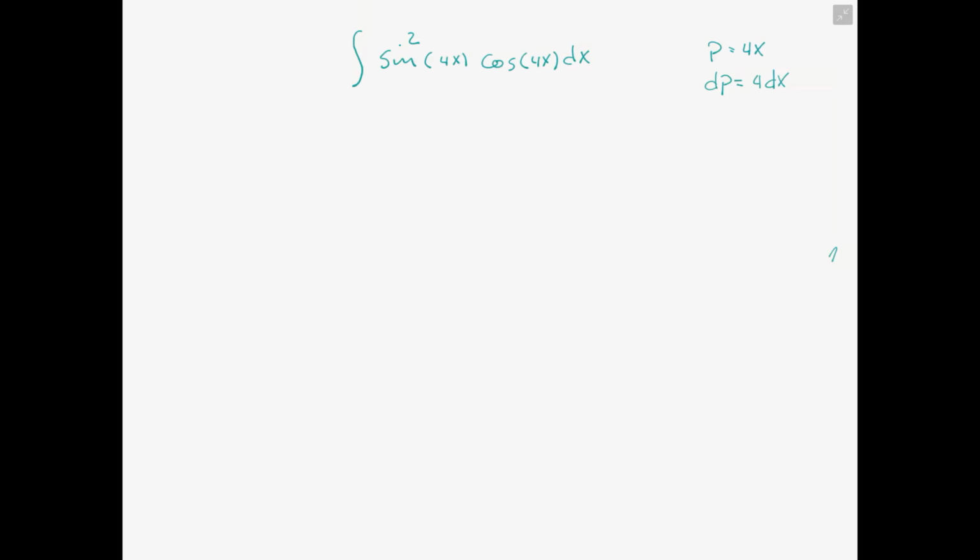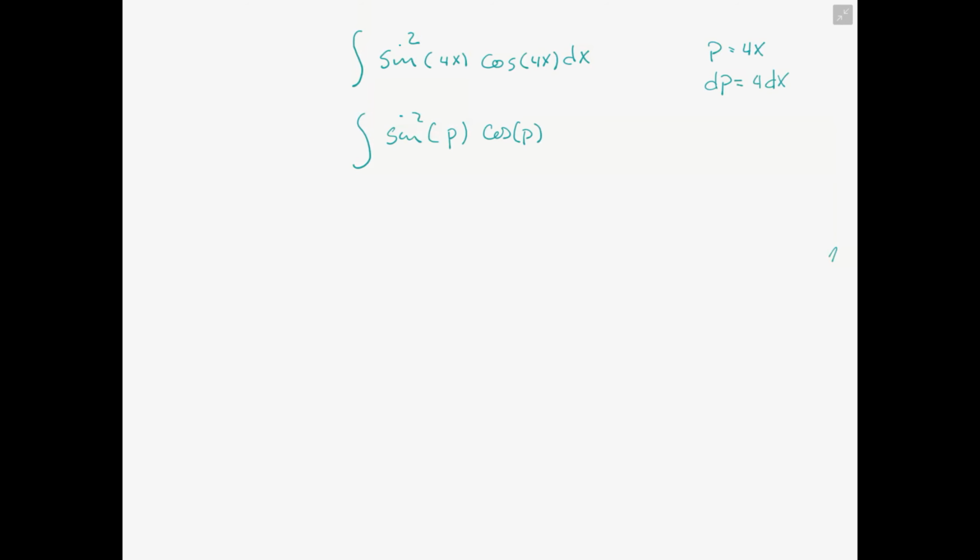And now we use a substitution. We're going to use p equals 4x in this one. dp equals 4 dx. So we don't have 4. We have, well, you know what we do?